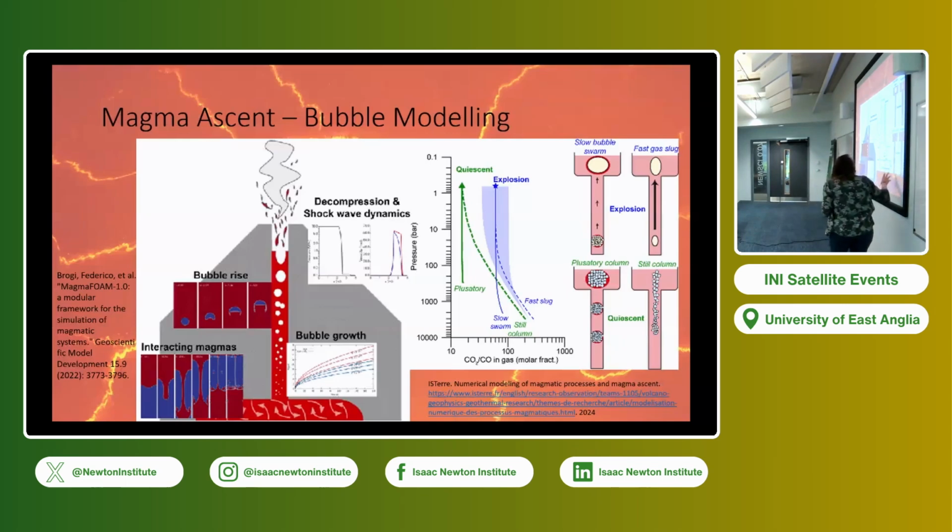And then you've got different models of how you make a slug or a bubble swarm, how these ascend, and whether different gases respond in different ways, because we tend to have CO2 exsolve deeper, and things like sulfur dioxide exsolve shallower. So by looking at the gas that's erupted, we can tell the depths and the pressures of some of these processes that are going on.